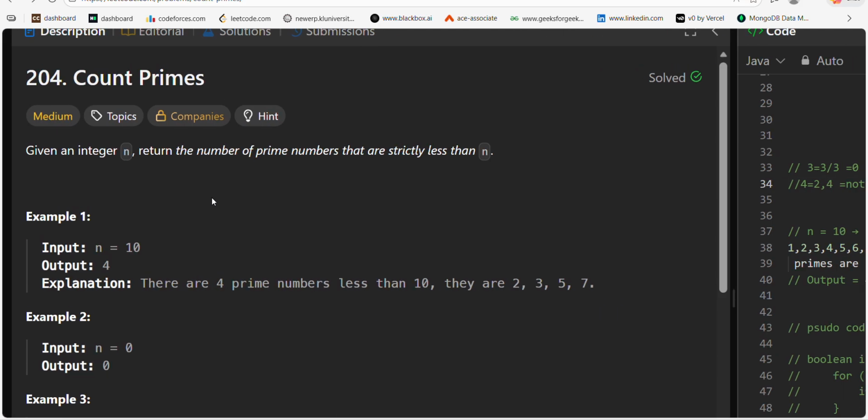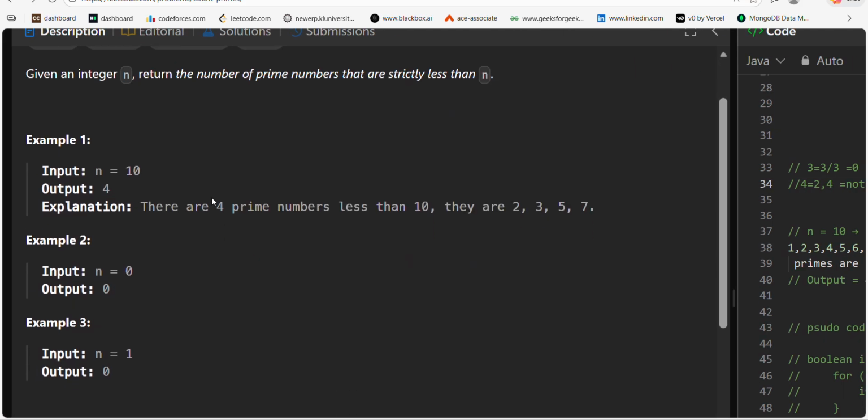Let's see one example of how we calculate this. Suppose n equals 10, and the output is 4. Why? Because we have to count how many prime numbers lie below 10. There are four prime numbers less than 10, and they are 2, 3, 5 and 7.